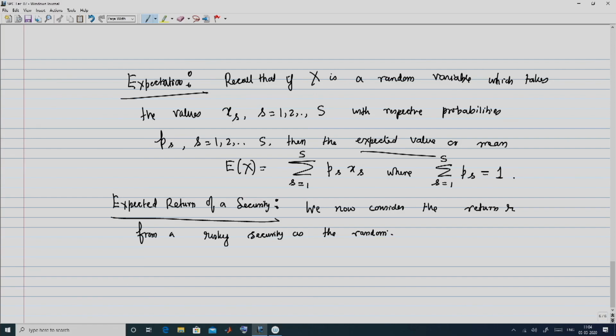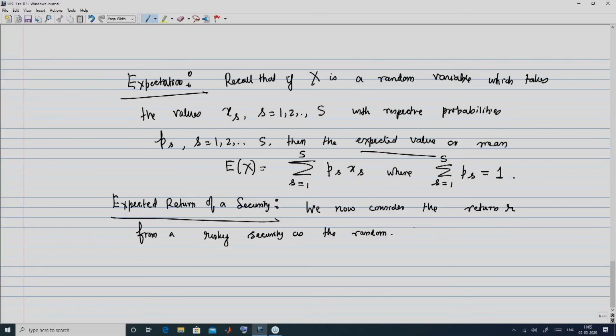Here I am choosing the candidate for x to be the return from any particular asset. So, now I will extend this definition of E x to that of the return of a security.